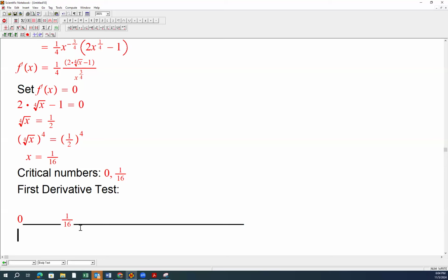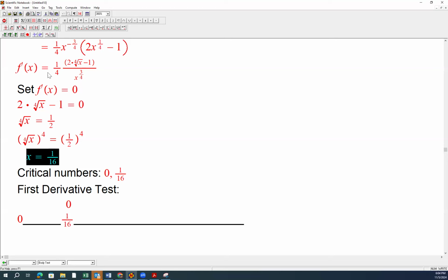You can do a little mathematics to do it, because we look at the sign of the first order derivative in this interval, and we know over here is a 0 because it's a critical number. So what is the sign over here?